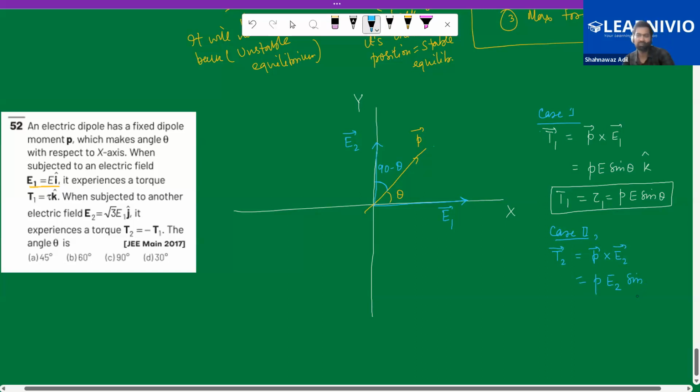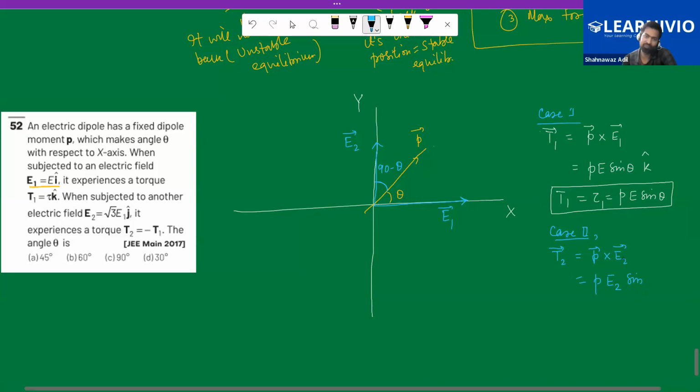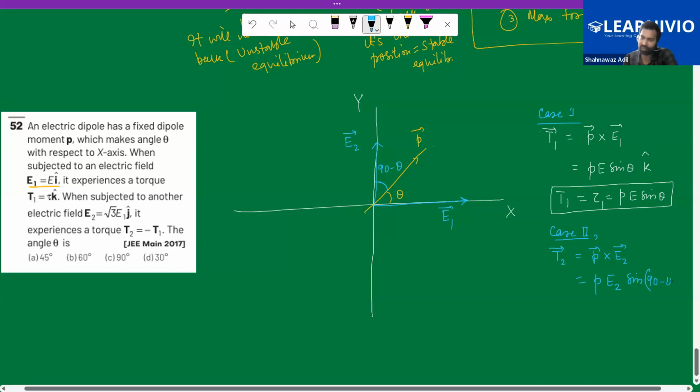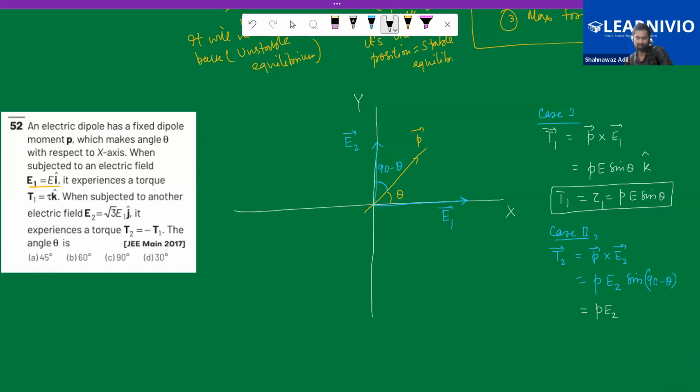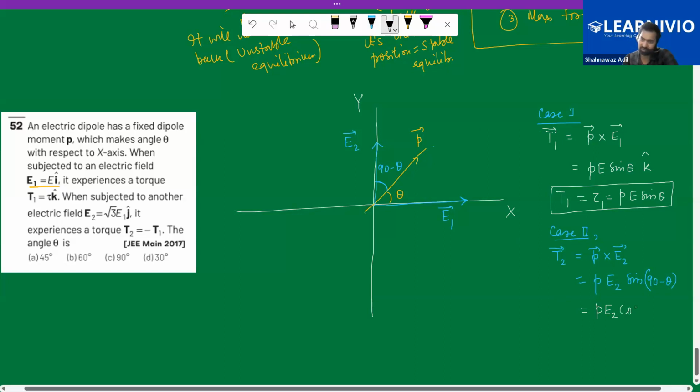What is the angle between P and E2? 90 minus theta. Correct. So this would be PE2. And what is sine of 90 minus theta? That is a complementary angle. Cos theta.